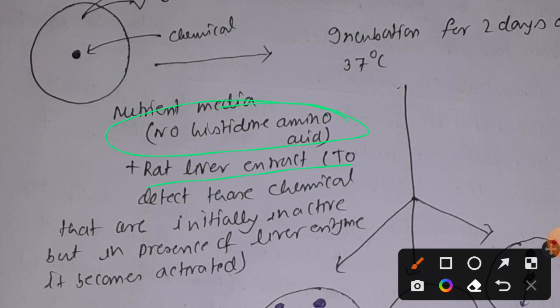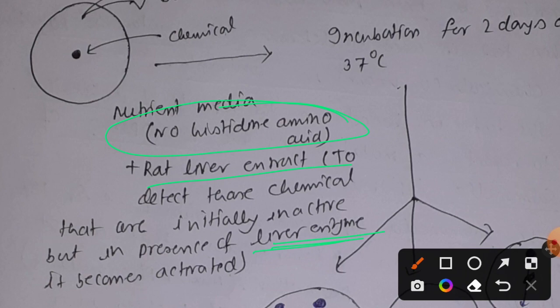Because there are various types of chemicals that are initially in inactive form, but they become activated when some liver enzyme acts on them. As a result, those chemicals usually are non-mutagenic, but when they enter our liver, they become mutagenic.